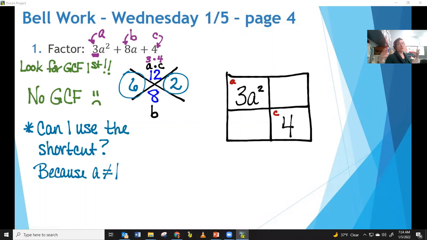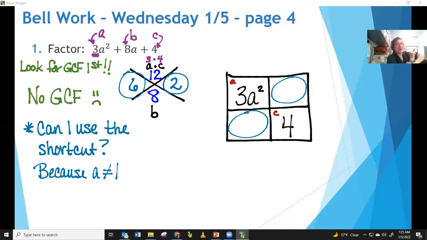Now, when we go put them in our area model, I have to make sure to include something with it. What needs to go with the 6 and needs to go with the 2 when I put them over here in the box? A. Because these two combined together give me that B term, because my box represents my original problem. I've got the 3a squared.